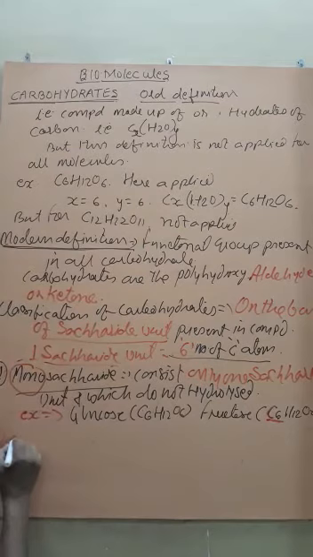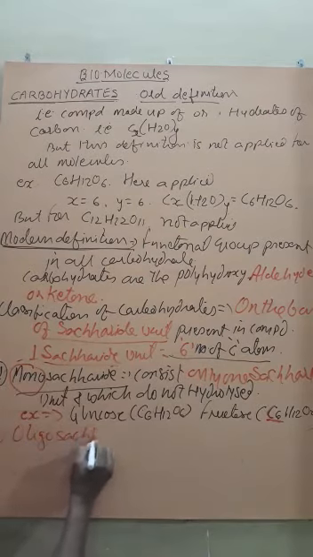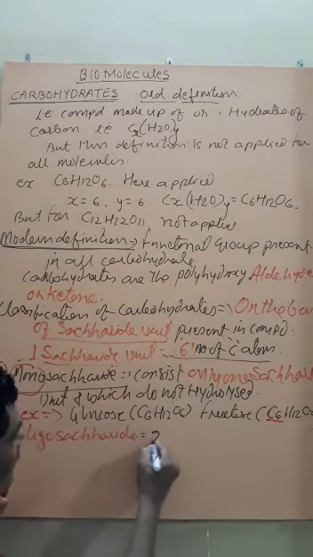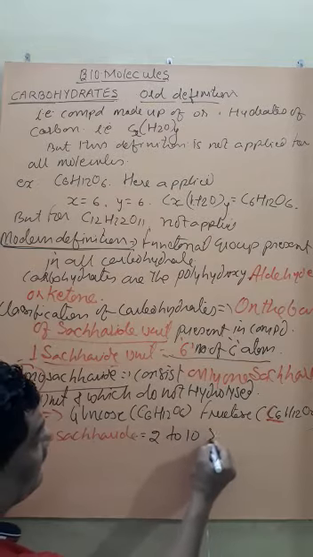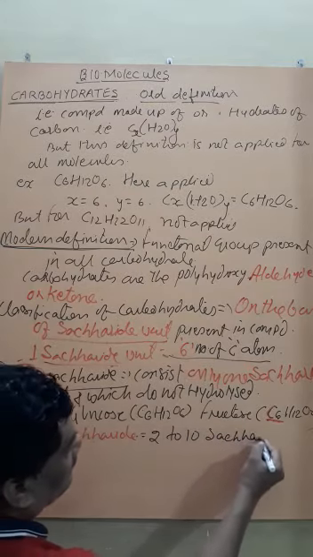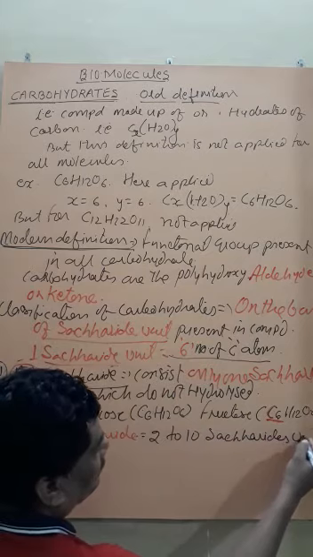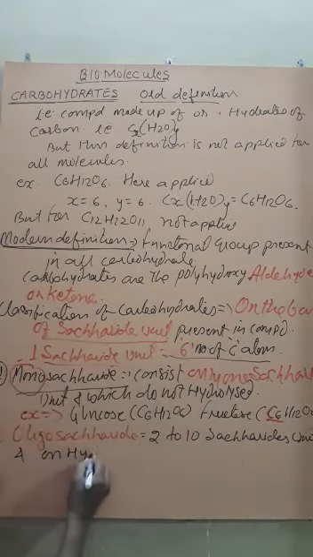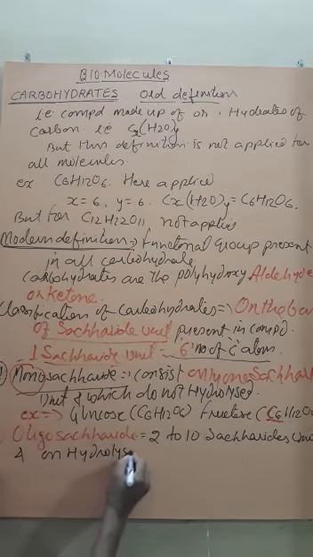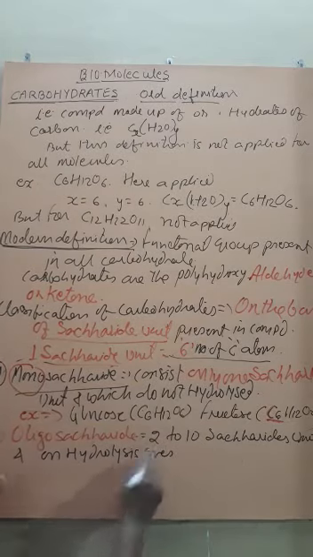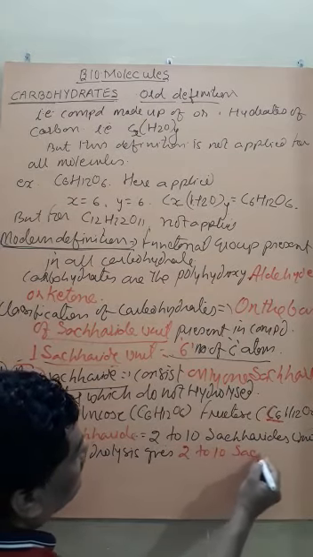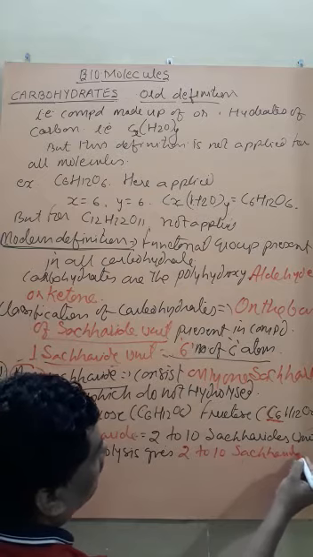Number 2 is called oligosaccharides. The oligosaccharide consists of 2 to 10 saccharide units, and on hydrolysis gives 2 to 10 saccharide units.